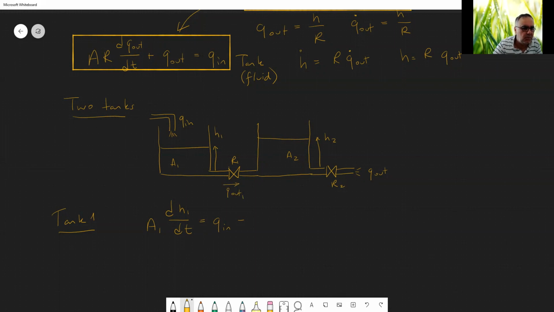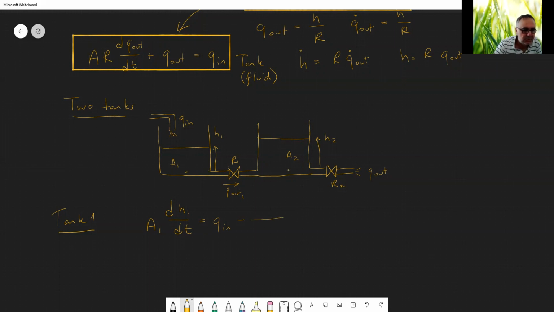What is Q out 1? It is the pressure between these 2 points. But the pressure between these 2 points is proportional to H1. This point's pressure is proportional to H2.